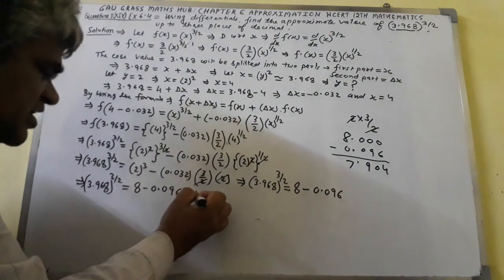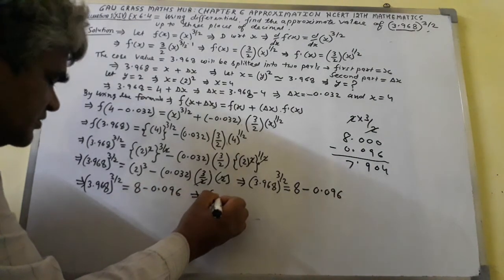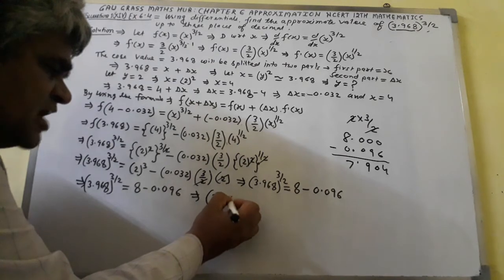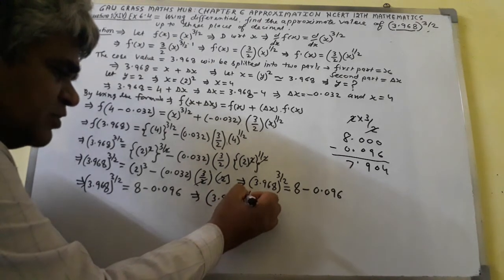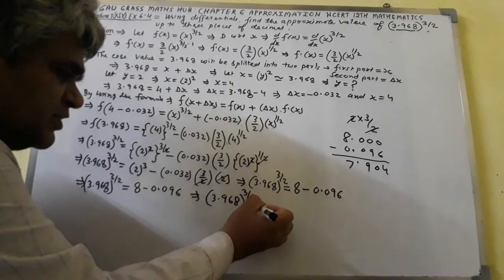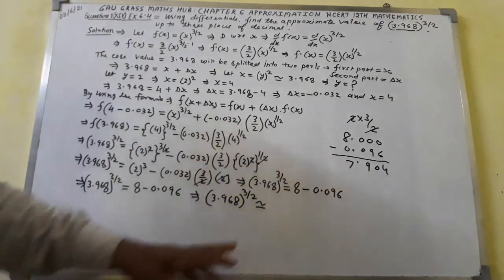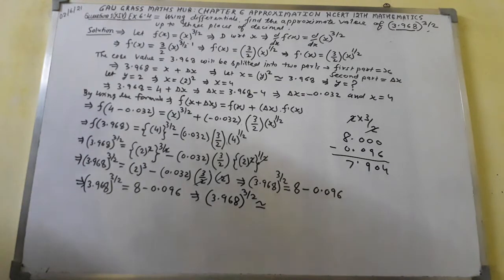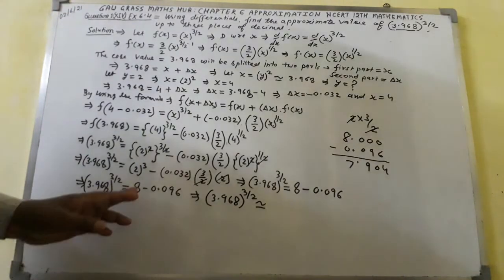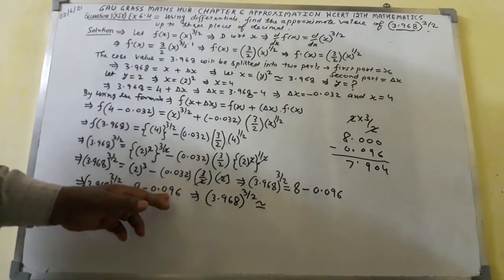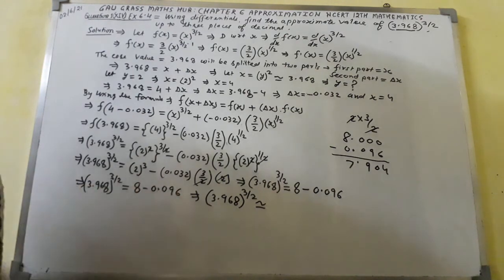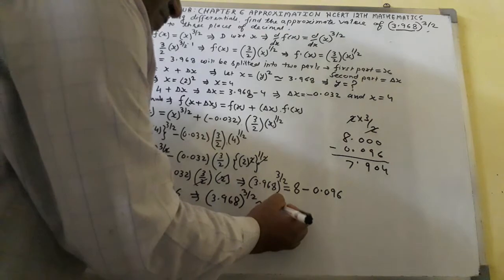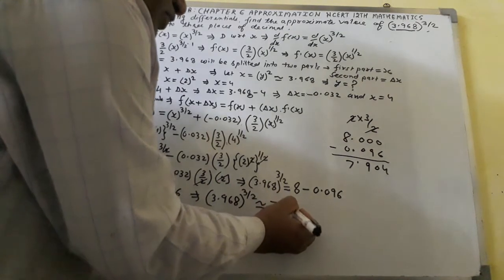Implied that again I shall write 3.968 raised to the power 3 over 2 approximate. This is the symbol of approximate value, comes out to be 8 minus 0.096. 8 minus 0.096 comes out to be 7.904.